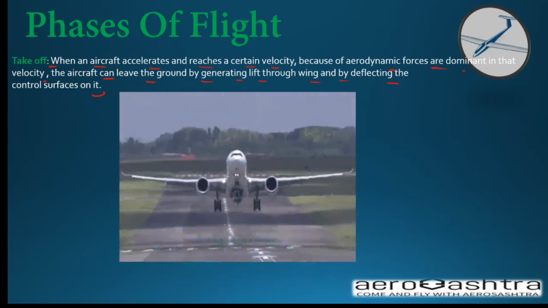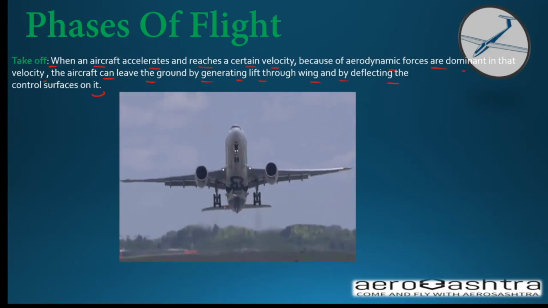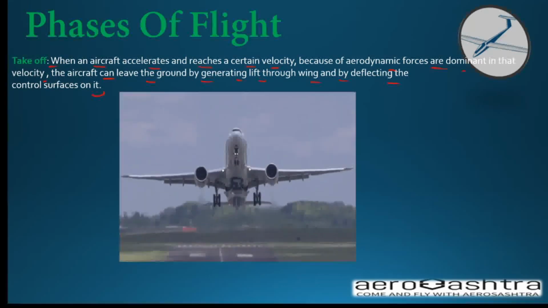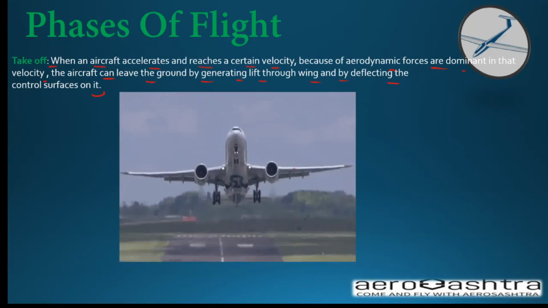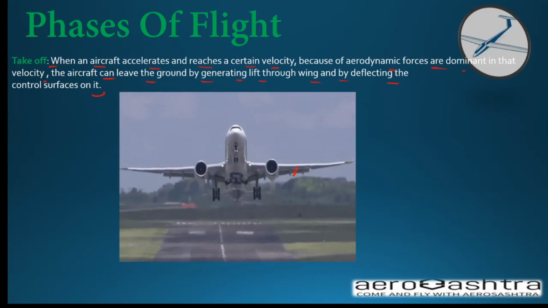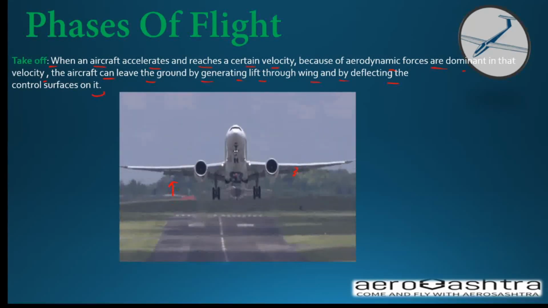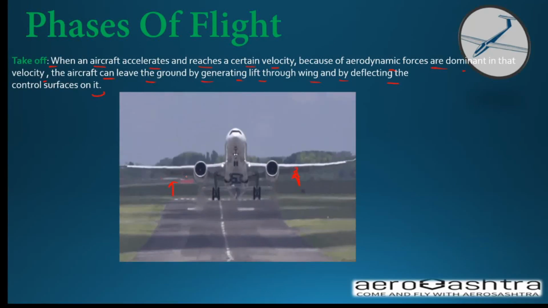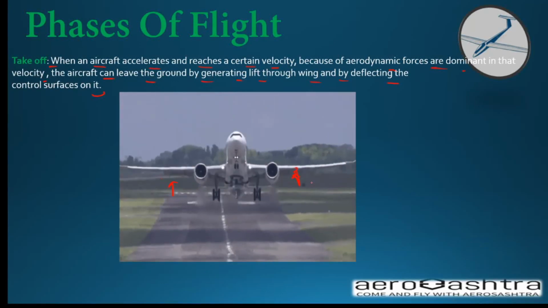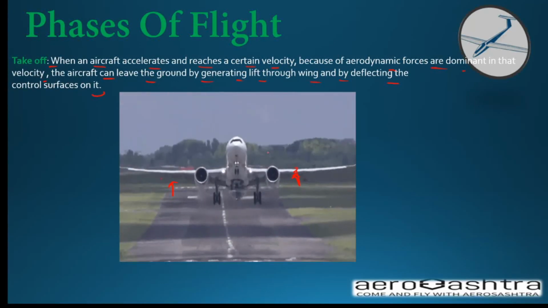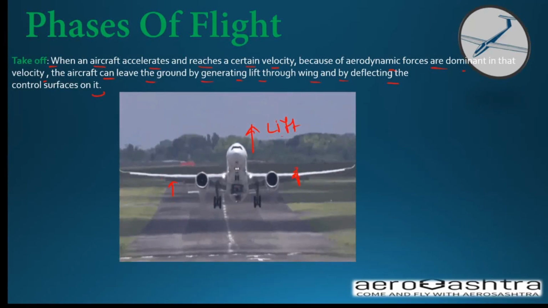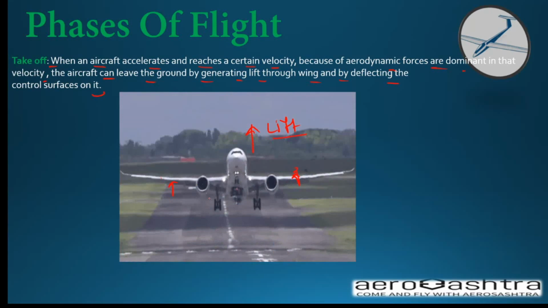Here you can see one aircraft trying to take off. Now it took off, and you can see it is deflecting these control surfaces, and because of that deflection it has lift in this direction.